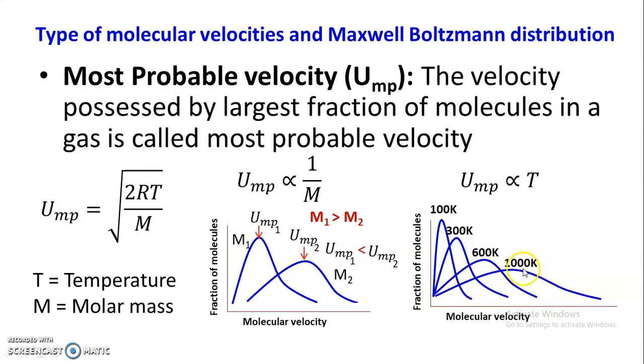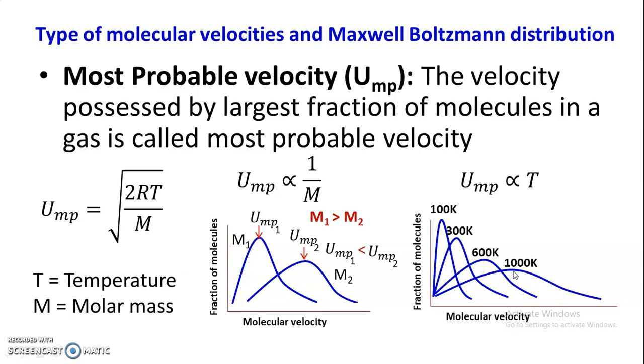this is at 1000 Kelvin. Peak is broad and most probable velocity shifts to the right side. Meaning of this is, lighter molecules, as I said, move faster than the heavier molecules. That is, it is inversely proportional to molar mass. But the most probable velocity is directly proportional to temperature.